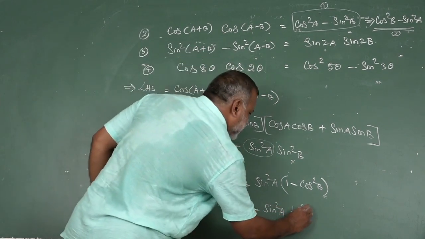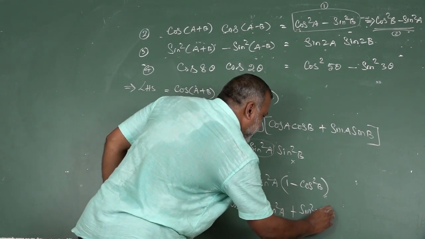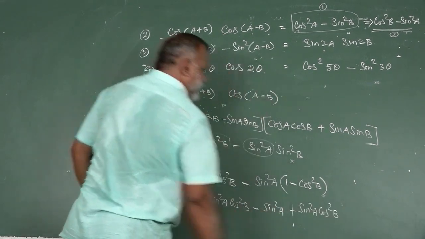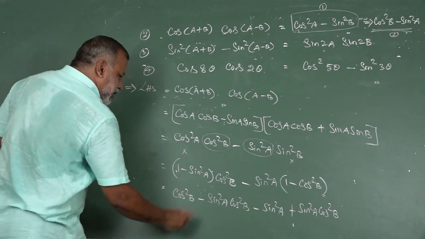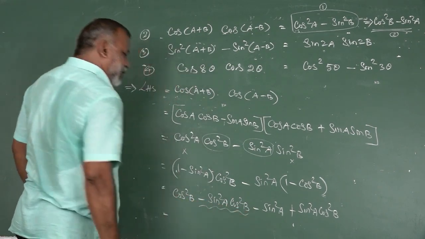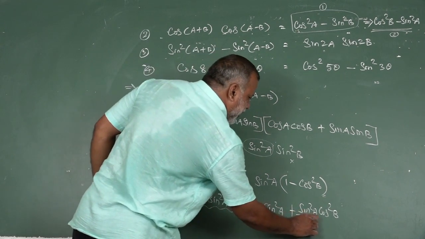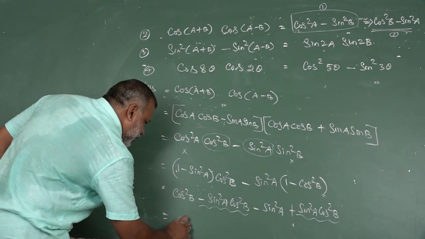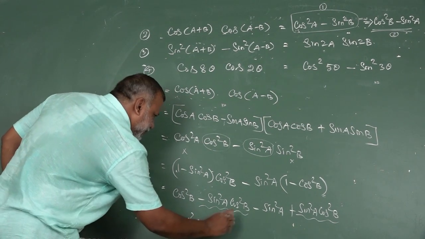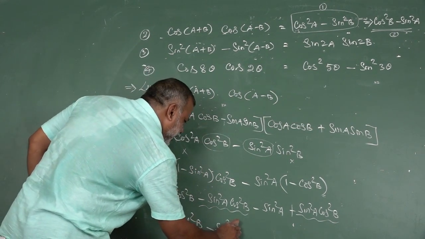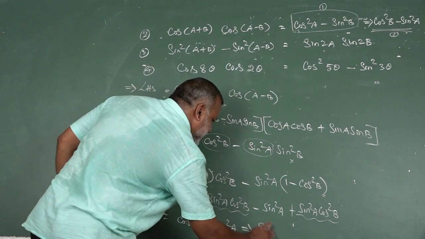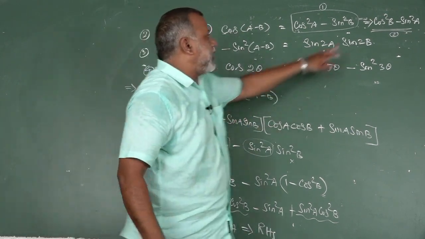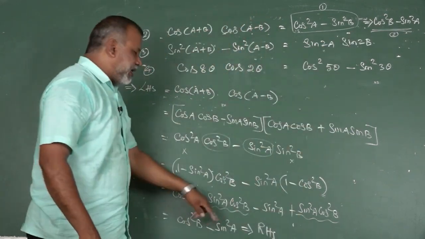Again we get sin squared a cos squared b. Now see the result. This negative sin squared a cos squared b and this positive sin squared a cos squared b will be removed. The remaining is cos squared b minus sin squared a. That is your RHS. See the second proof: cos squared b minus sin squared a.